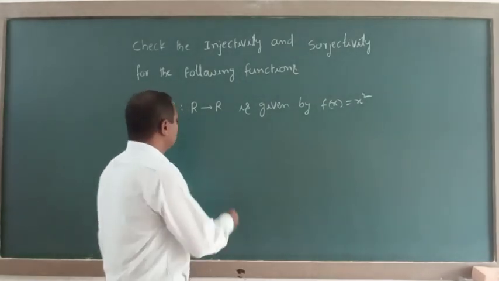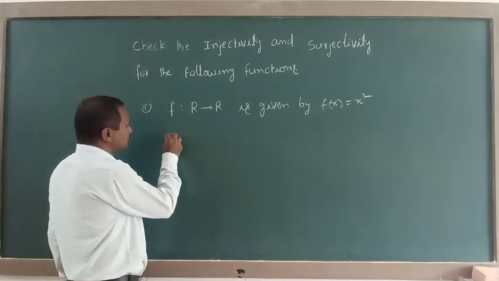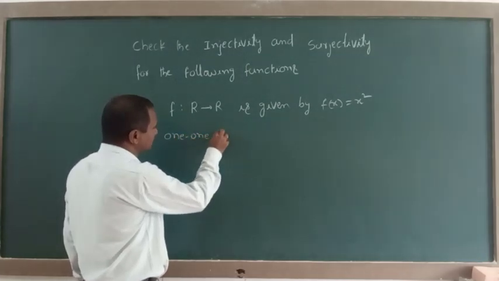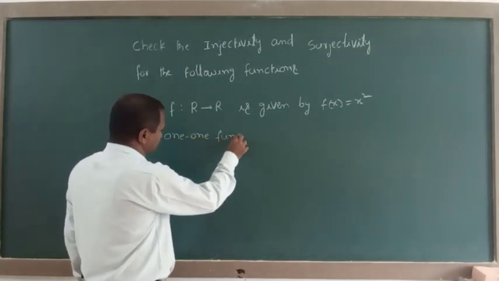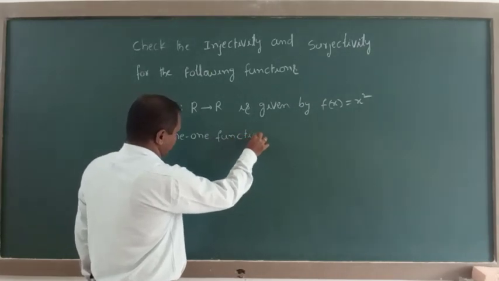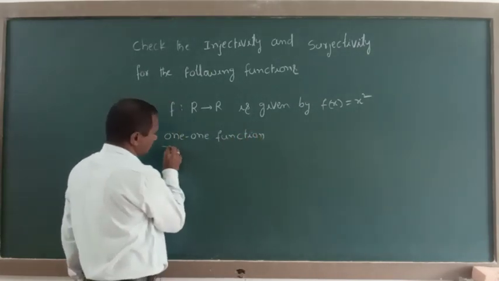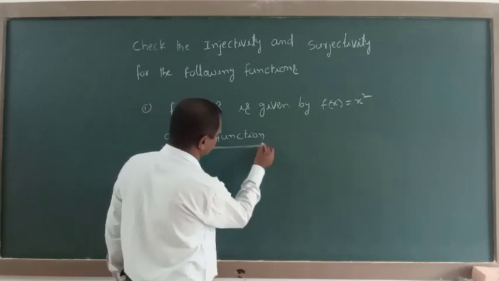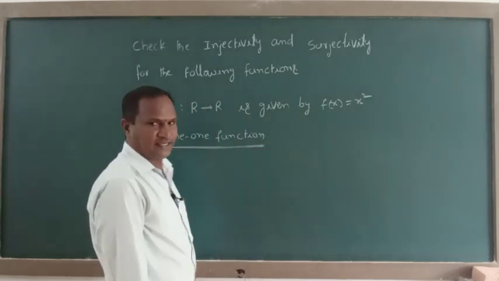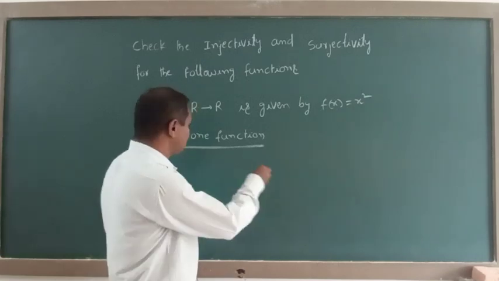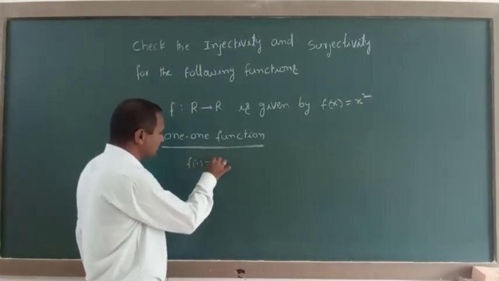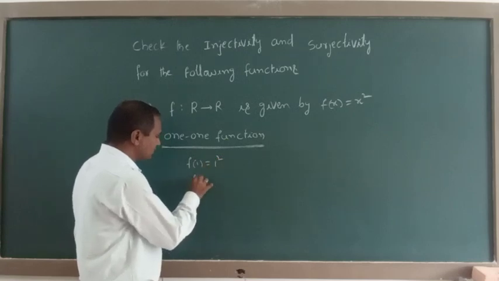First, we have to check about one-one function. Say here f of 1 is equal to 1 square, f of 1 is equal to 1.